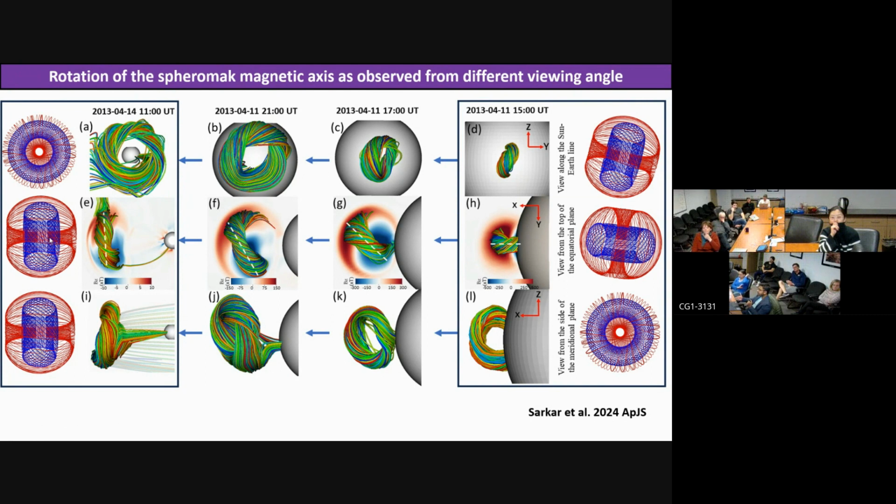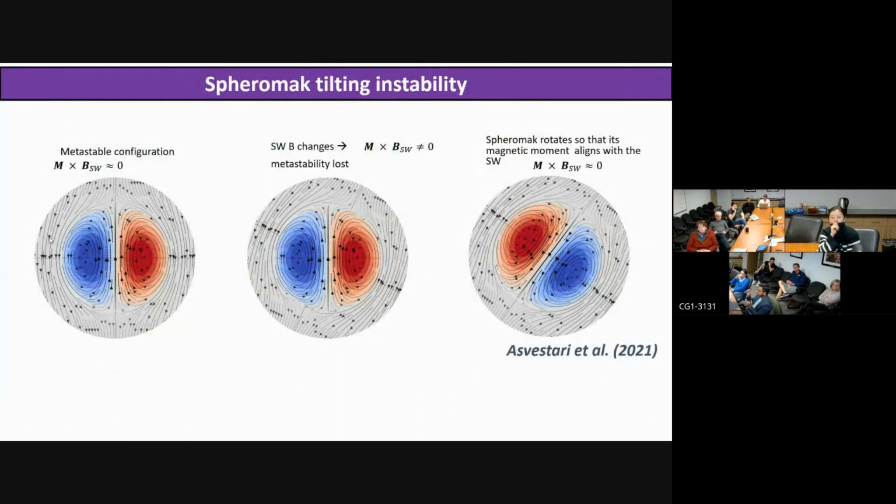And is there any actual physical reason for this? Yes. Recent studies have shown that when you place a spheromak in a background magnetic field, it depends on whether it is stable or not, which denotes the spheromak tilting instability. In this particular configuration, the magnetic moment of the spheromak is aligned with the background magnetic field.